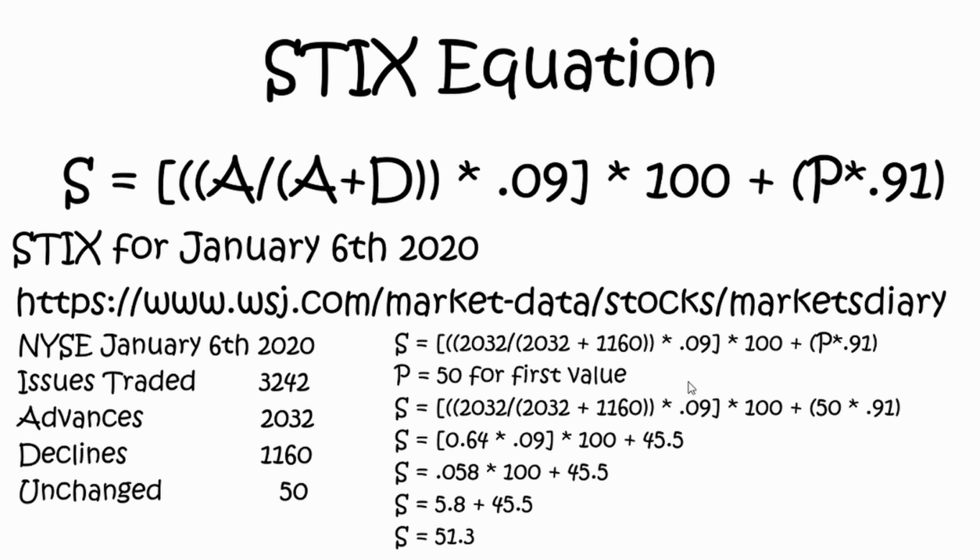A value of 50 assumes that the previous STIX 21-day smoothing average had the same amount of advancing stocks as declining stocks. This assumption, of course, may not be correct, especially if we start our STIX equation in a trending market. However, after a few weeks of performing the STIX equation for the preceding trading days, the STIX value will be correct no matter where it starts.